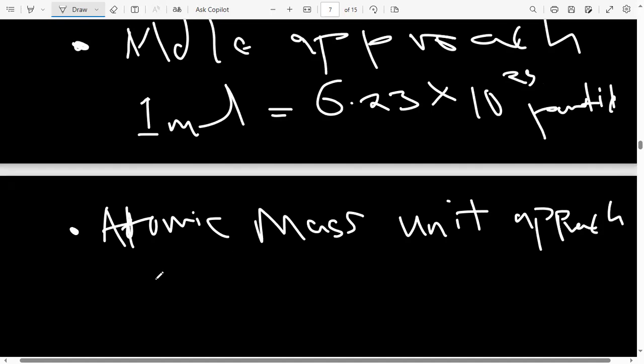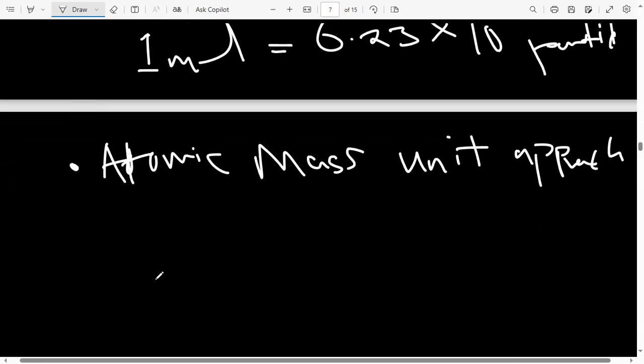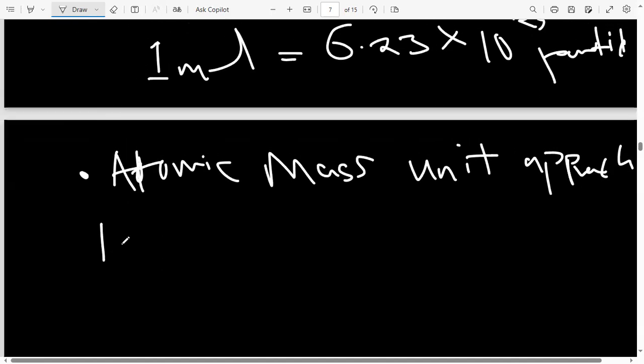Under the atomic mass approach, you have to know that one atomic mass unit, represented by U, or in some books they write AMU, has the following mass.